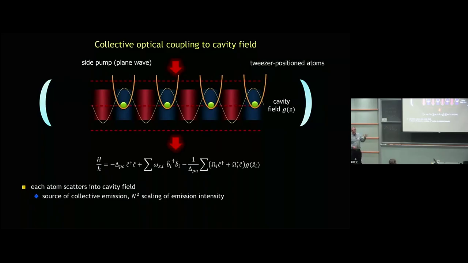The amplitude of the cavity field should scale with the number of atoms, which is then to say that the intensity of light in the cavity and the rate with which photons are leaving the cavity should scale as N squared, which is this kind of classic prediction for things like Dicke superradiance. So let's see how well this works in our experiment.